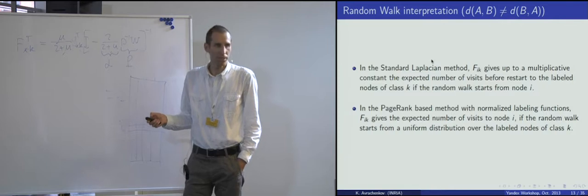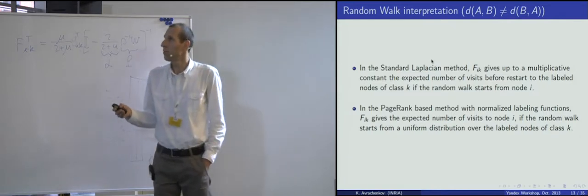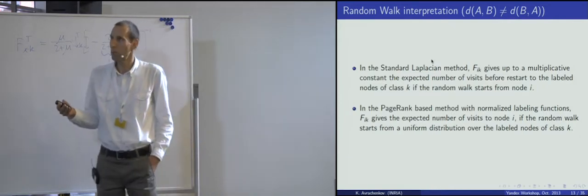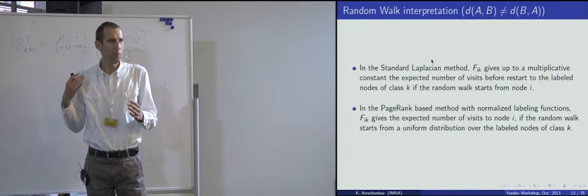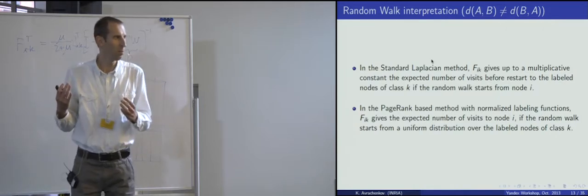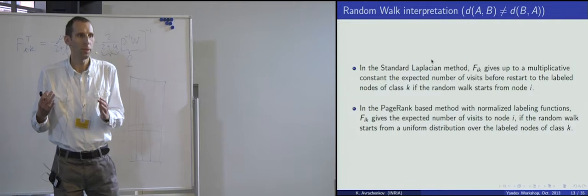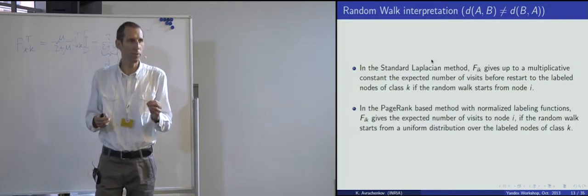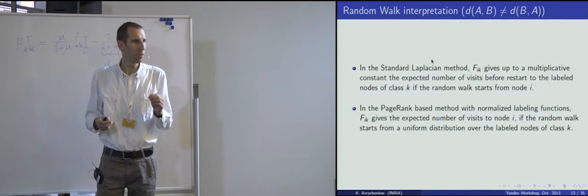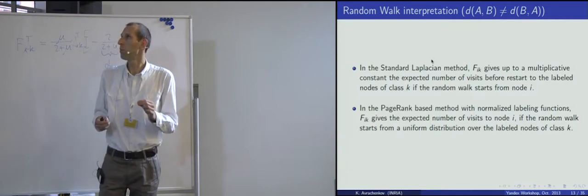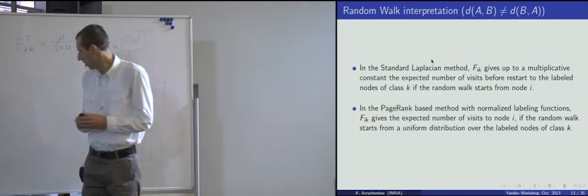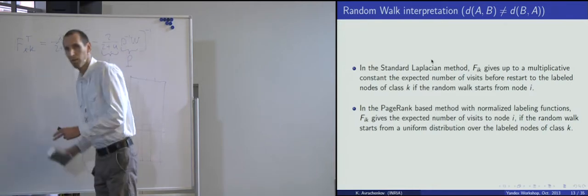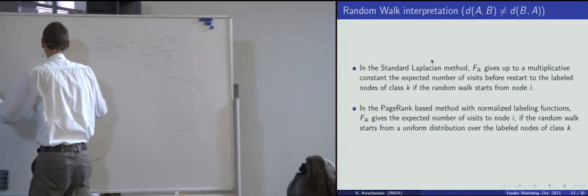What is interesting, we already can give the following nice interpretation of two limits in this particular case of semi-supervised learning. When sigma is equal to 1, we have standard Laplacian method, and when sigma is equal to 0, we have a PageRank-based method. So what first interpretation we can give?